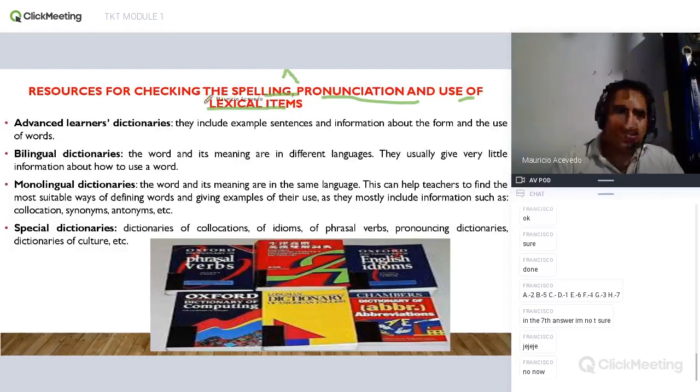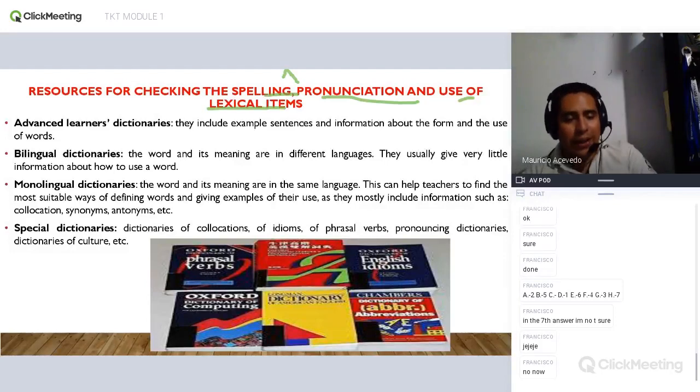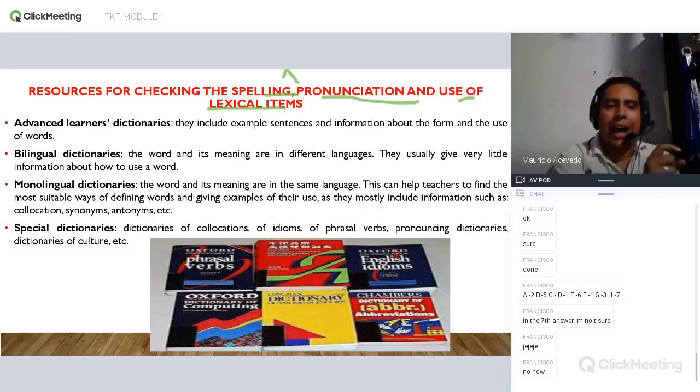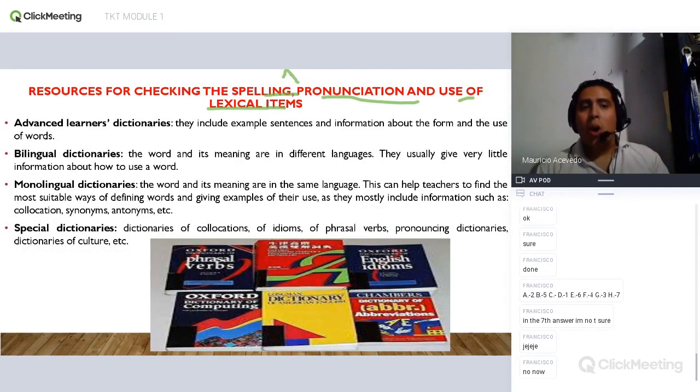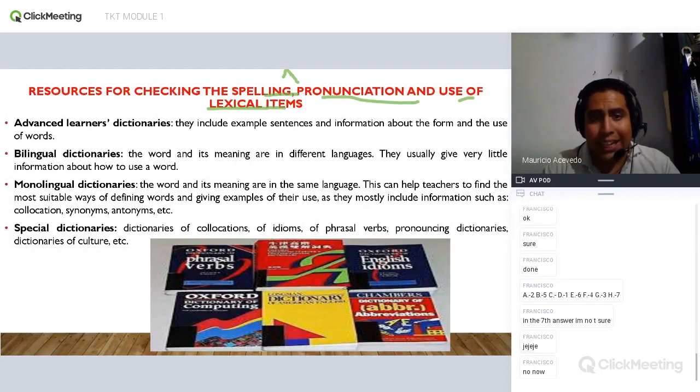We can also have bilingual dictionaries. What is this? The word and its meaning are in different languages. They usually give very little information about how to use a word. They are the most common ones, especially in elementary and secondary schools. We have the word in English and then the translation in Spanish, or the other way around, the word in Spanish and the translation in English.